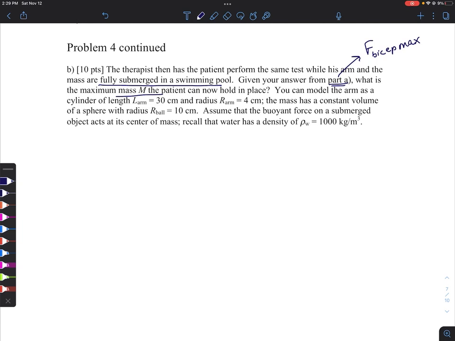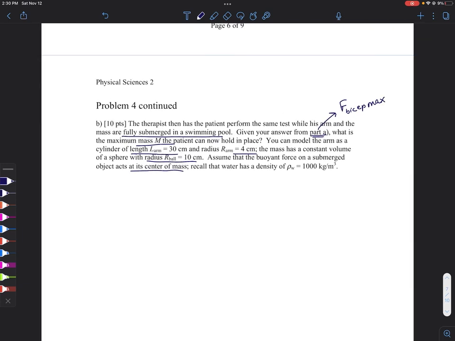And it tells us we can model the arm as a cylinder of length 30 centimeters and radius 4 centimeters, and the mass has a constant volume with radius 10 centimeters. Assume that the buoyant force on a submerged object acts at its center of mass, and recall that water has a density of 1,000 kilograms per cubic meter.